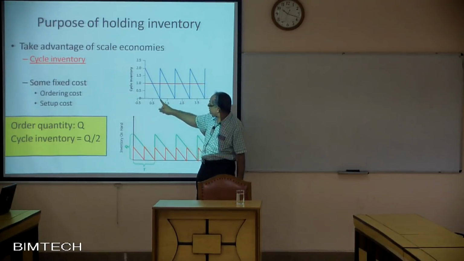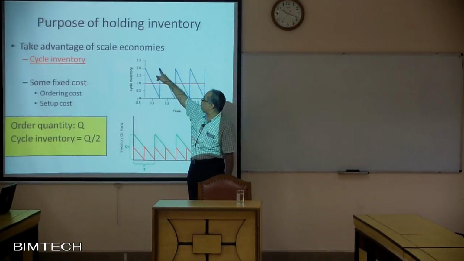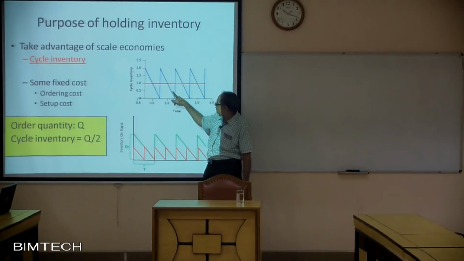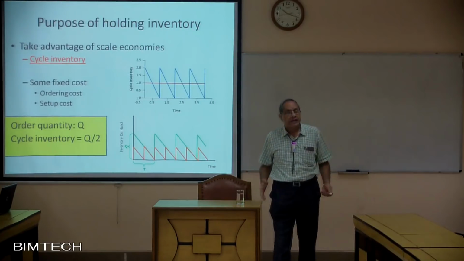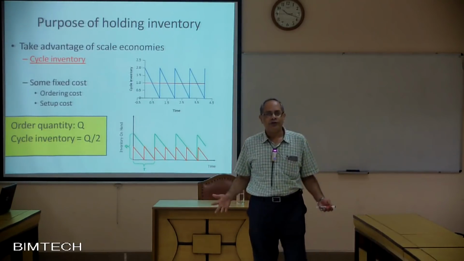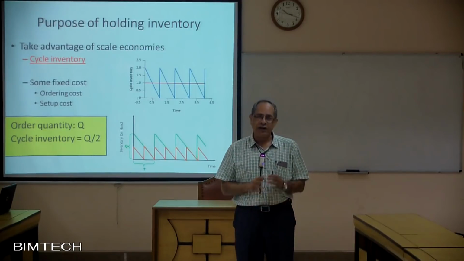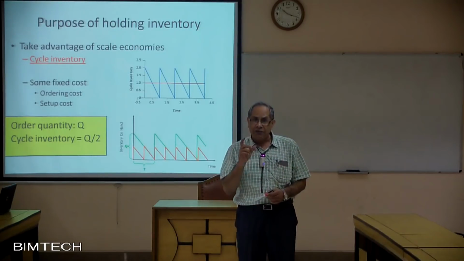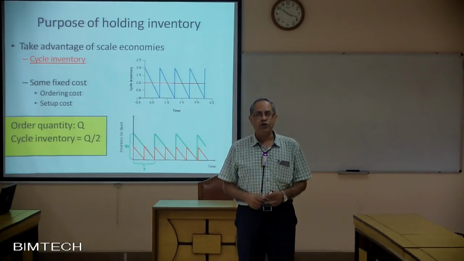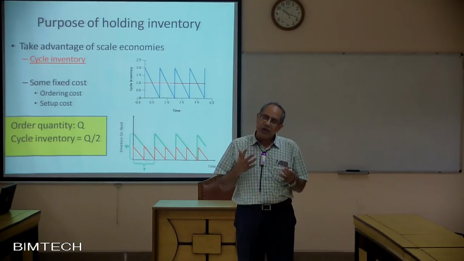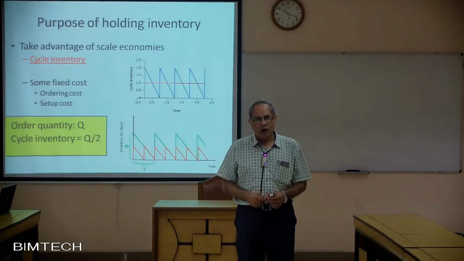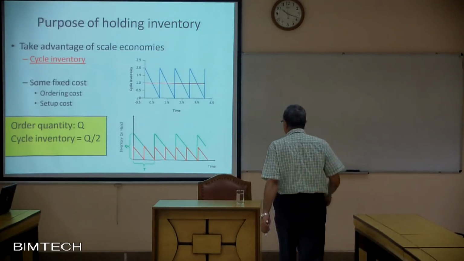Because please see, this is the start of the period. You receive Q, and at the end of the period, you have consumed all Q. And therefore, what is the demand for that period? It has to be Q. So this is something that fundamentally we need to understand, that the average demand during the cycle or during the period is equal to the quantity that you order. It doesn't matter what quantity you order.